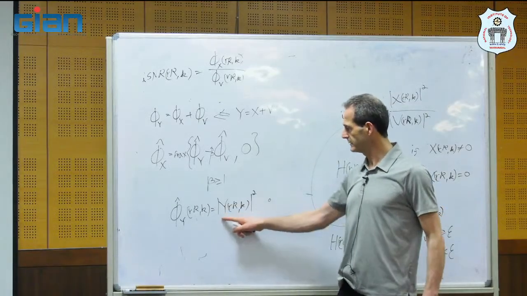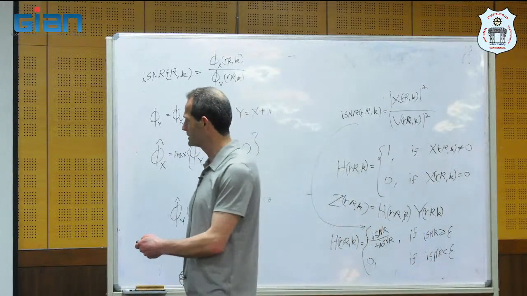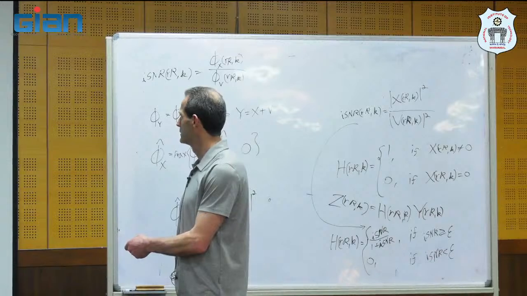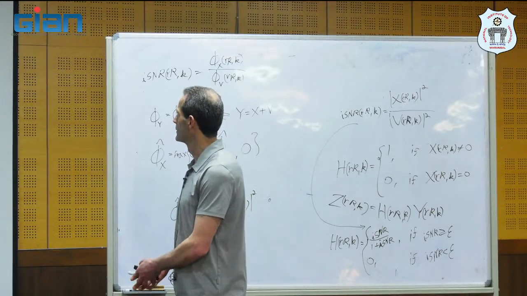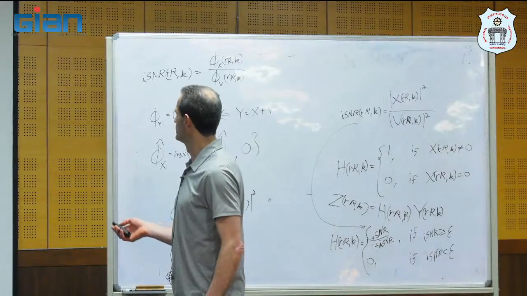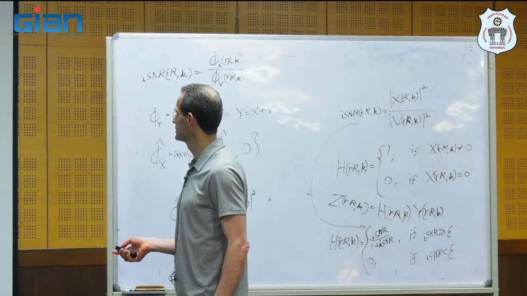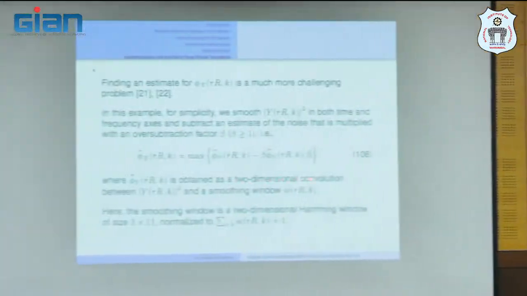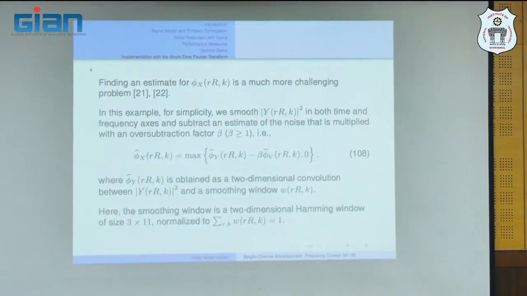So this is the image, these are the samples, and I take some smoothing around it with a certain window. Let me see. Here. You see, it's obtained by two-dimensional convolution between the magnitude squared and a smoothing window.